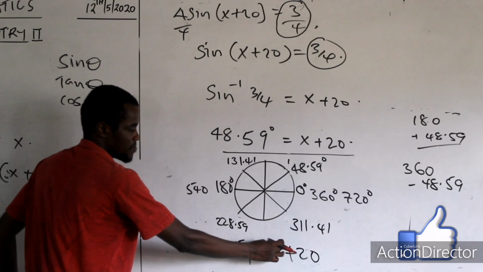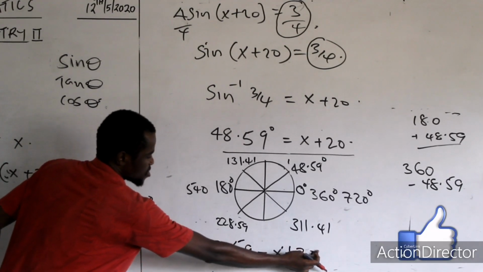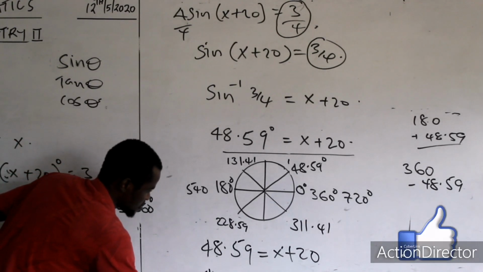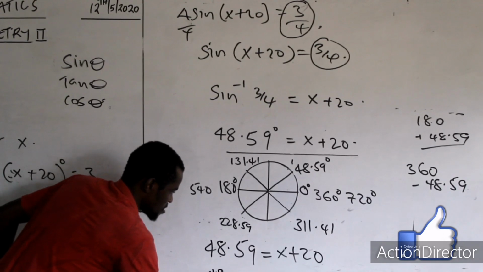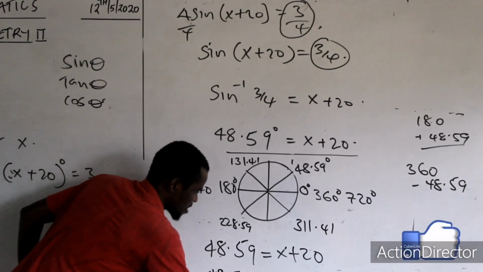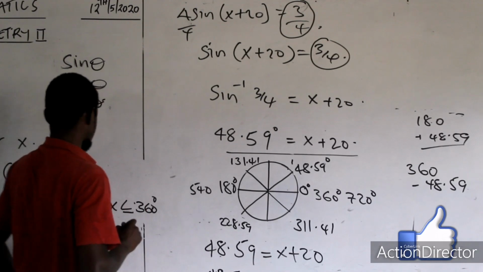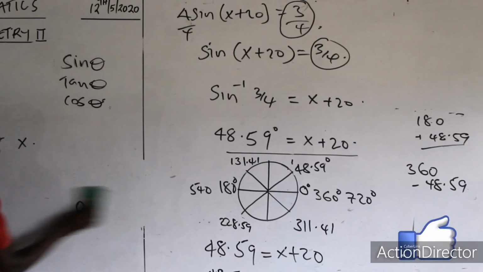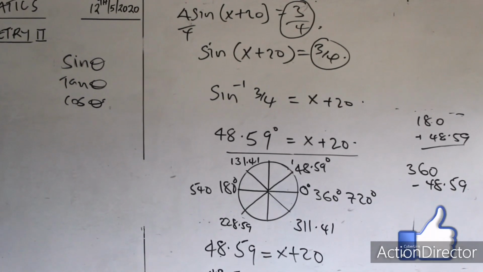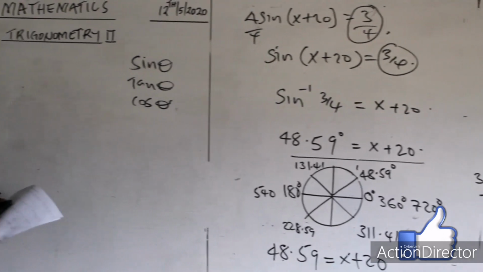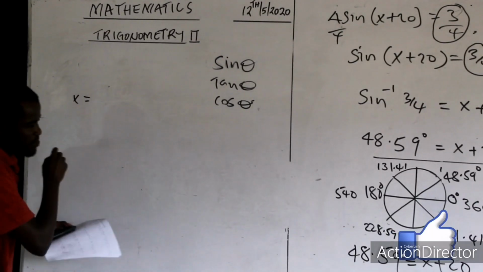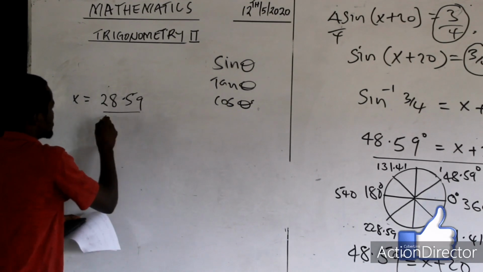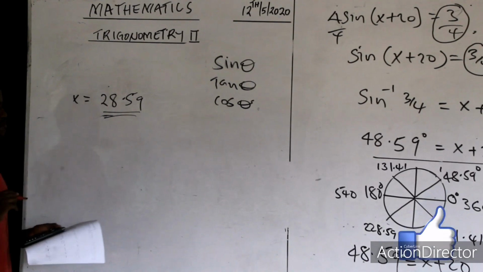For me to remain with x on one side, this 20 will cross to the other side of the equal sign. Then I will have 48.59 minus 20 is equal to x. Then x now will be 28.59. That is the first value.